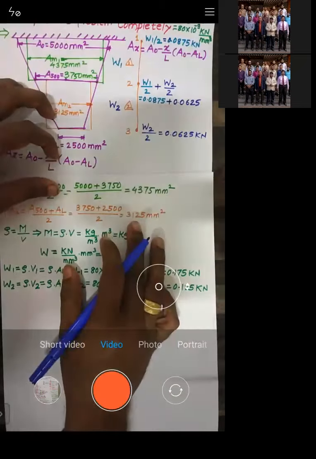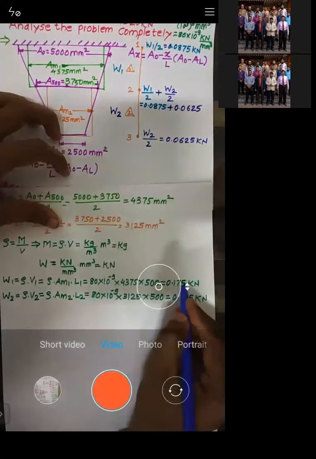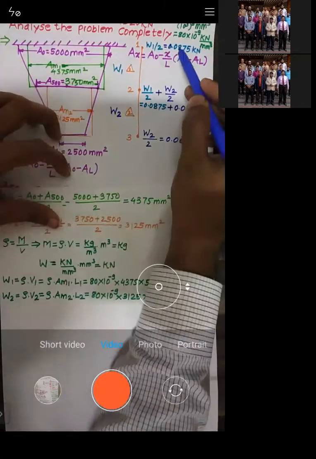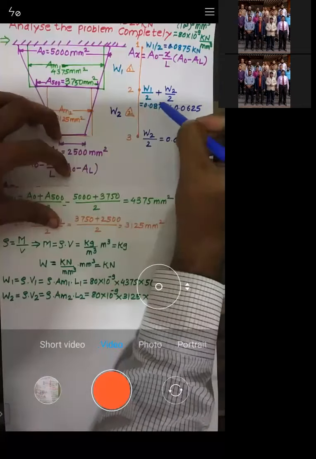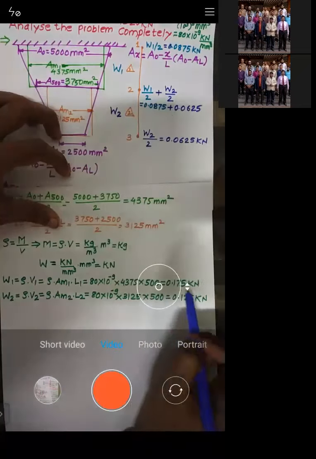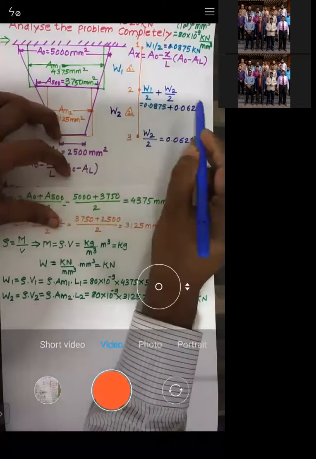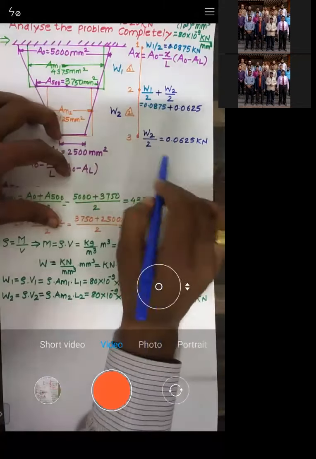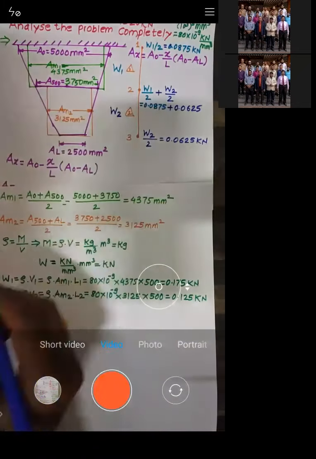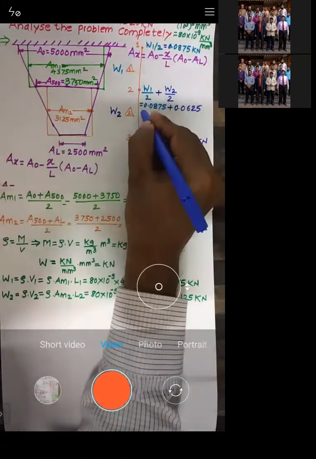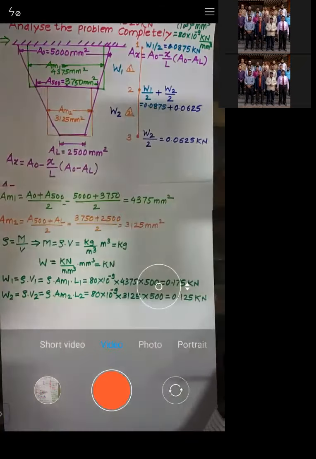See, out of this 0.175, half will go here, that is 0.0875, it is going to come here, and out of this 0.125, half will go here, that is 0.0625, and half will come here, that is 0.0625. Right. Now just tell me how much this addition is coming.